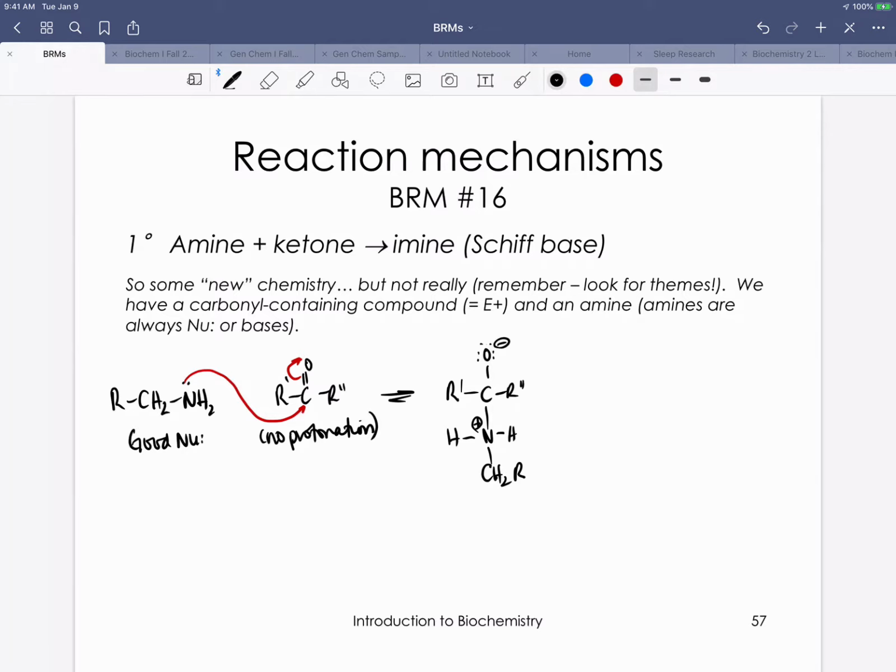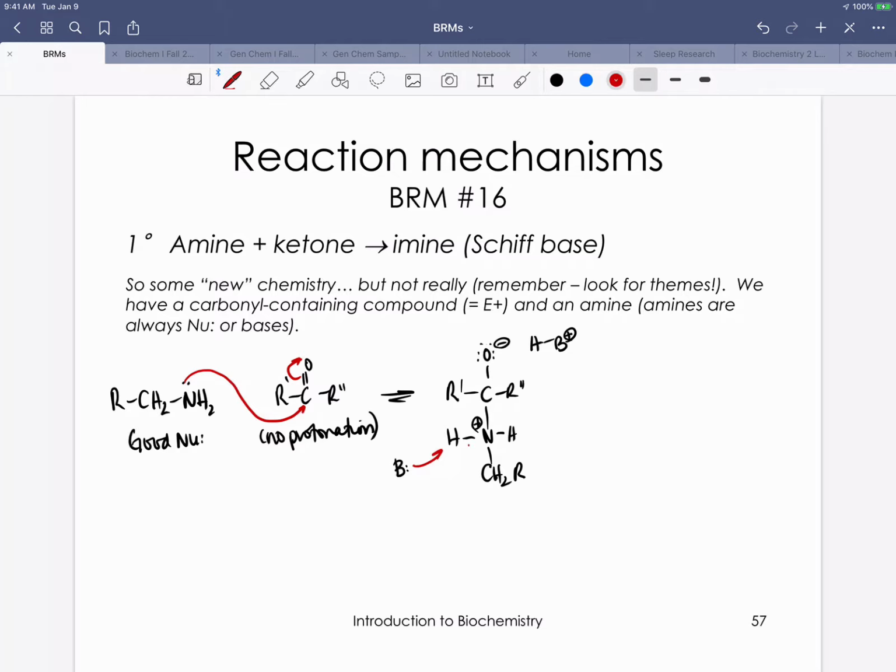It wouldn't be unreasonable to show the simultaneous protonation of this with nucleophilic attack. So as we'll see here, this first protonation of this intermediate is possible to happen at the same time as our formation of our tetrahedral intermediate. But in this case, we're not too worried about having these protonation and deprotonation events happen at the same time here.